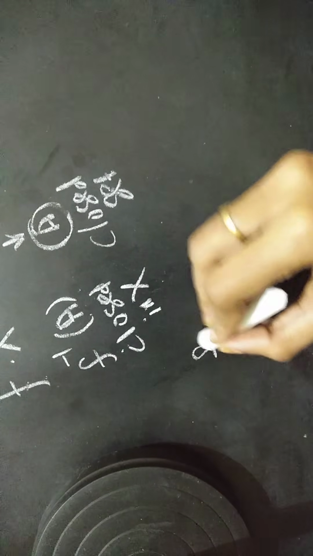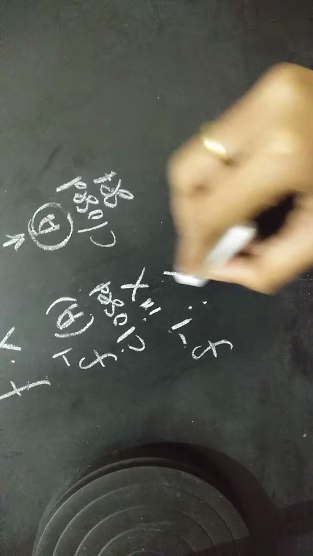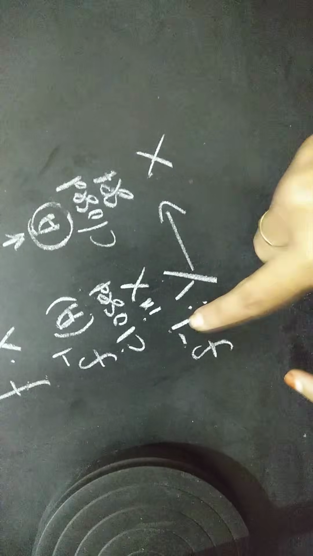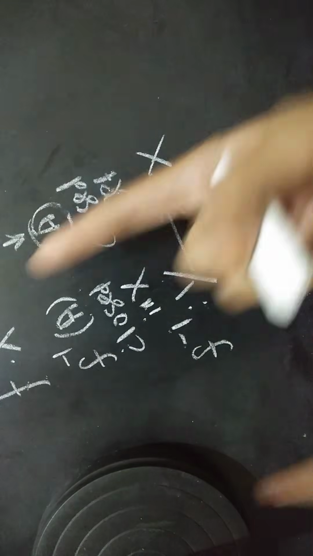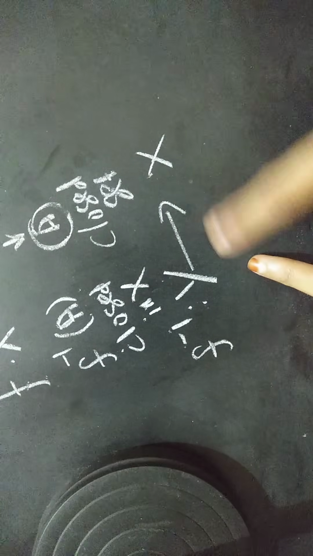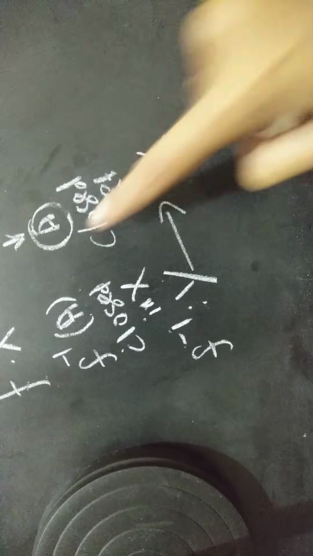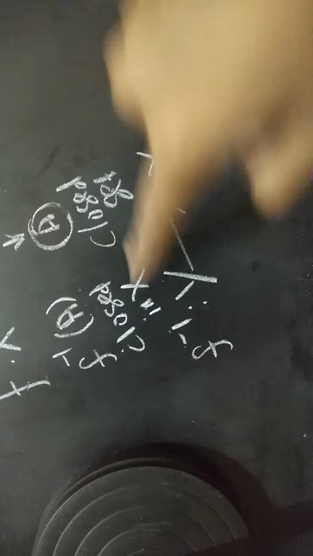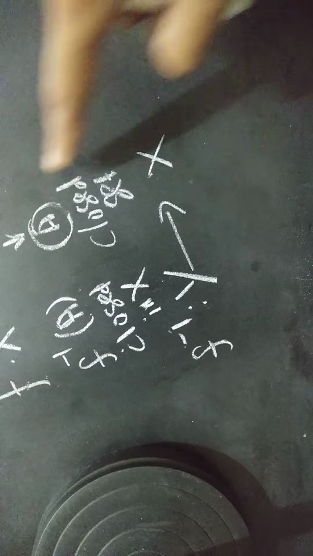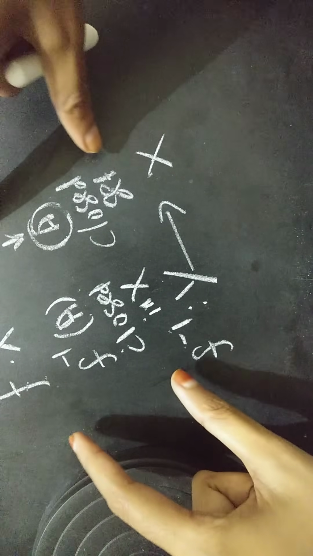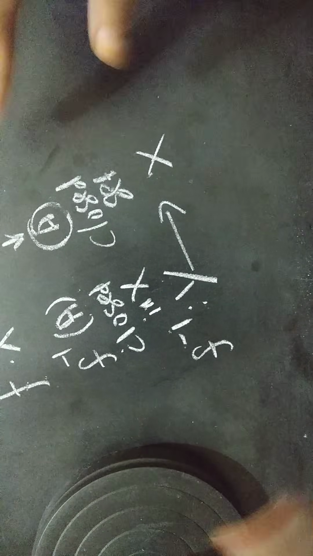So f inverse means the mapping will be converted like this: f inverse from Y to X. Now you take a closed set using the same procedure that you have done here. The reason I explained this is I want you to compare these two, then only can you understand.